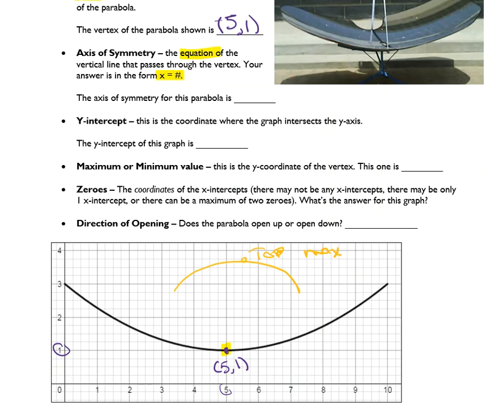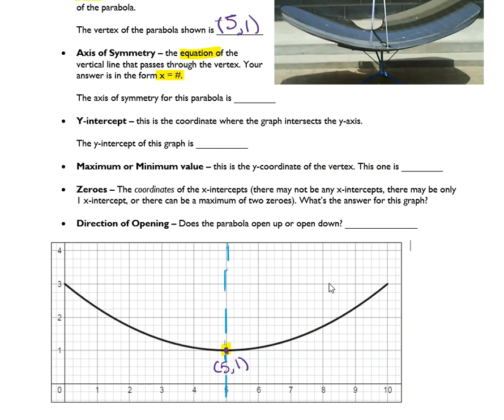So let's look at the parabola below. Let me just erase this part here. The axis of symmetry is a line. I'm going to draw a vertical line, usually a dotted line, right through the vertex. So I've got a little bit of a mess here because the tablet doesn't always see my ruler properly, and it's hard to put a ruler on my tablet.